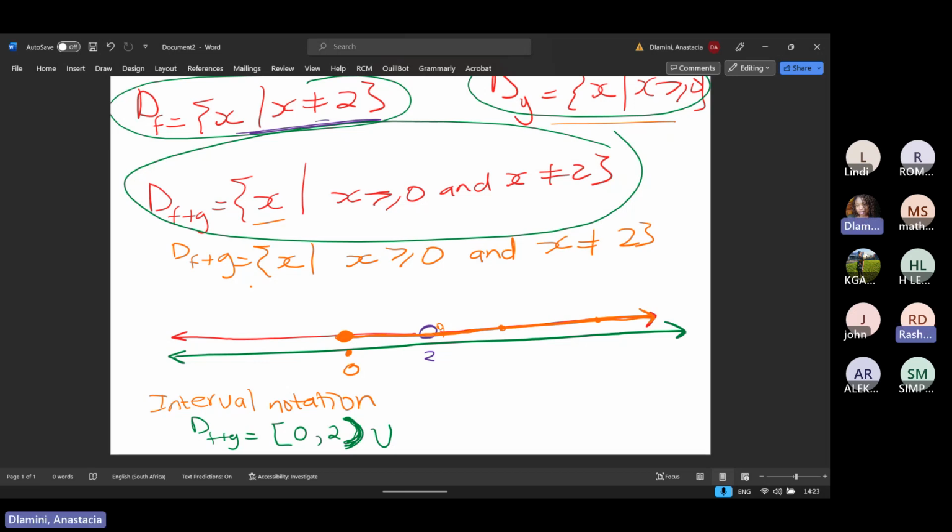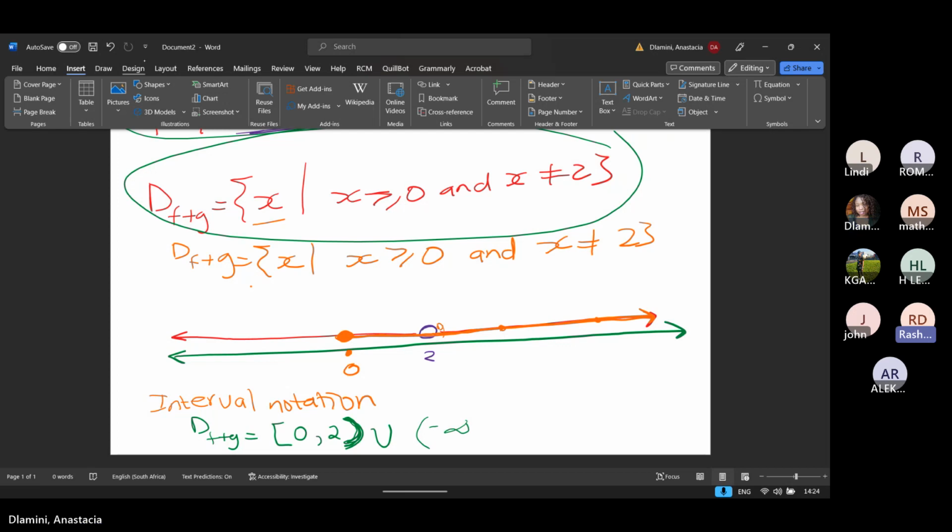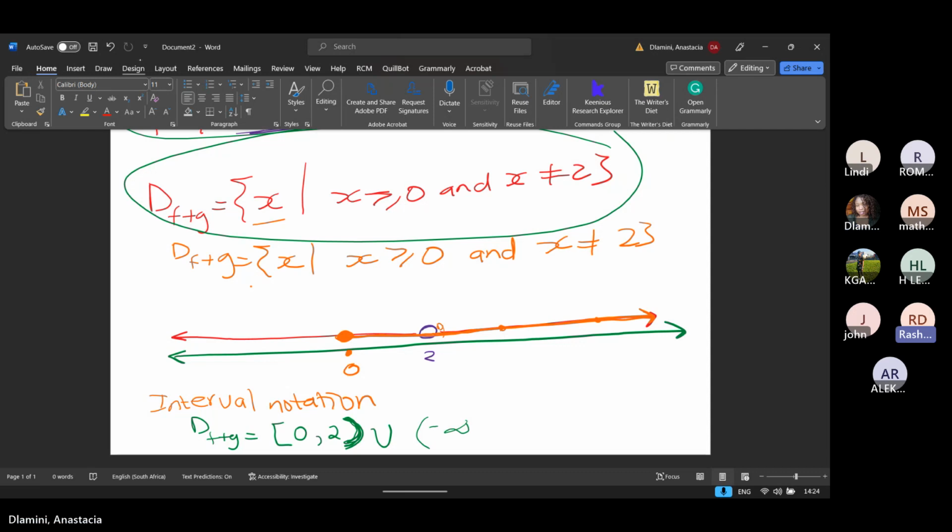Let's say open bracket, negative infinity. You're contradicting the first answer once you introduce negative infinity. Okay, I can cancel it. Someone else?